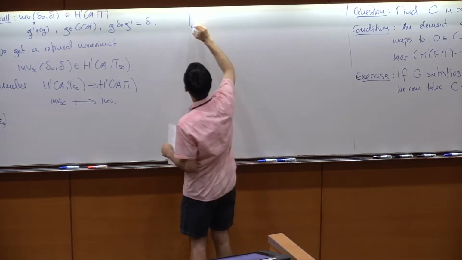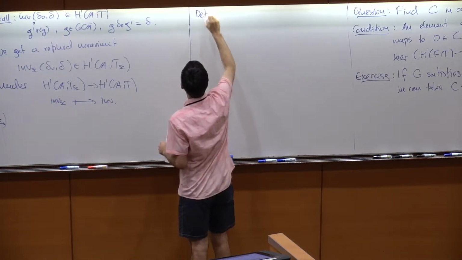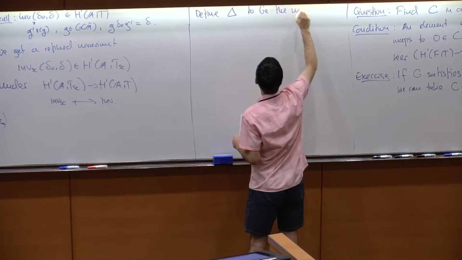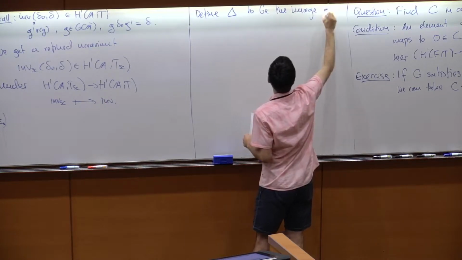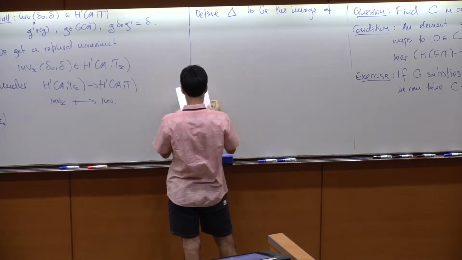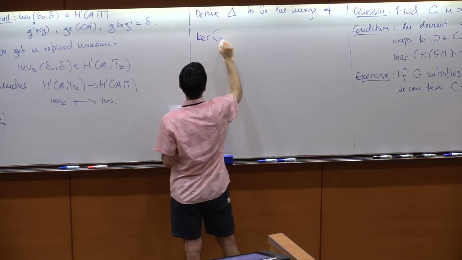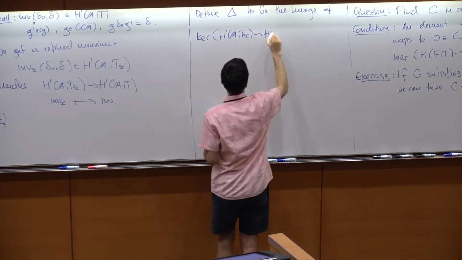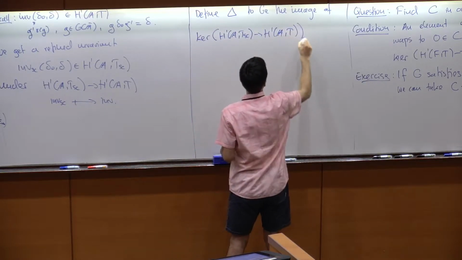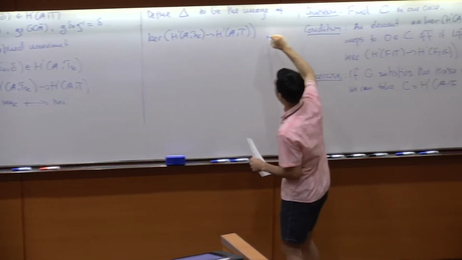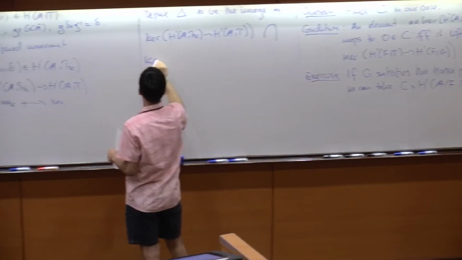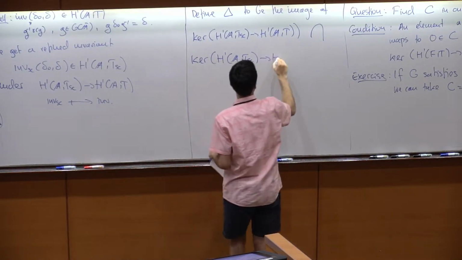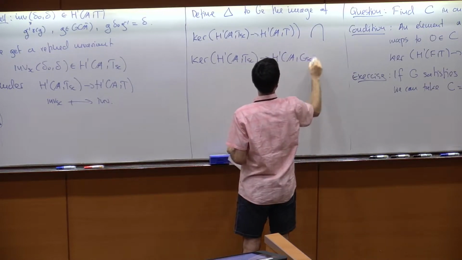All right, so first of all, we're going to define delta to be the image of the following intersection: the kernel of H1(A,T)_sc to H1(A,T), intersected with the kernel of H1(A,T)_sc to H1(A,G)_sc.